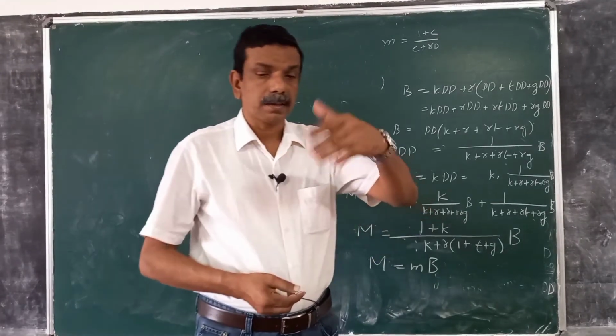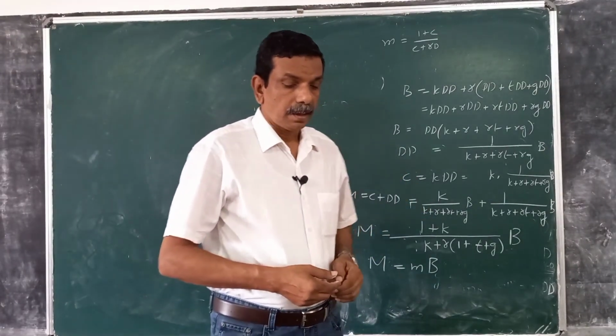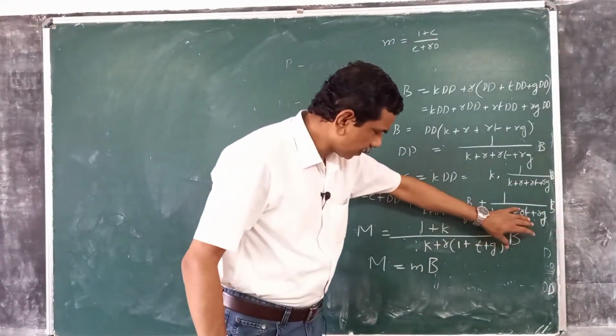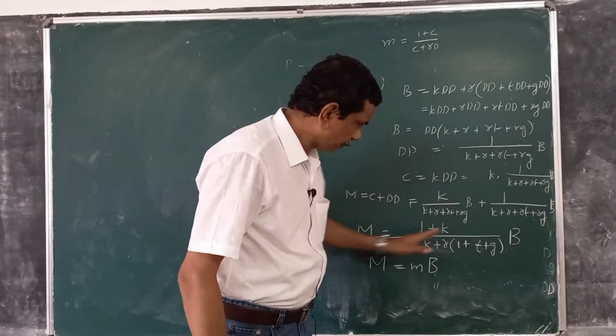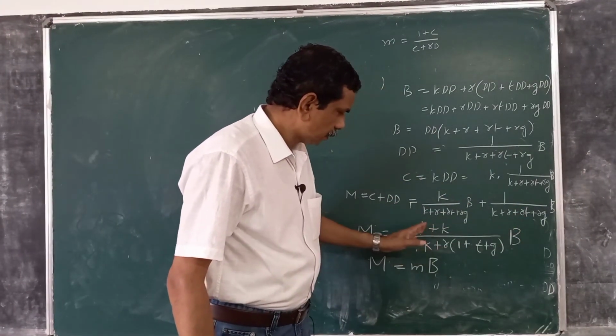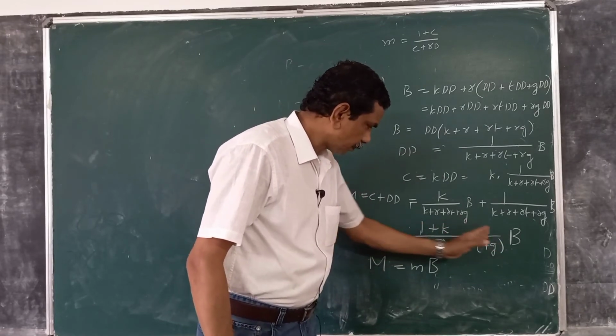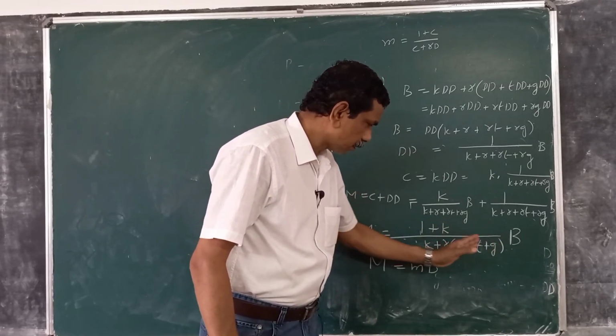And as we have discussed earlier, the value of M is proportional to monetary base, and it depends on these parameters K, R, T and G.